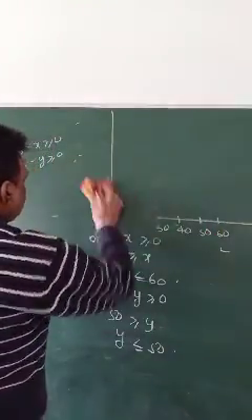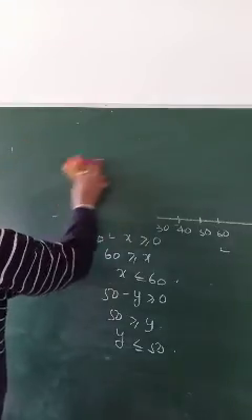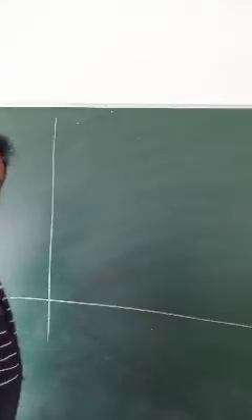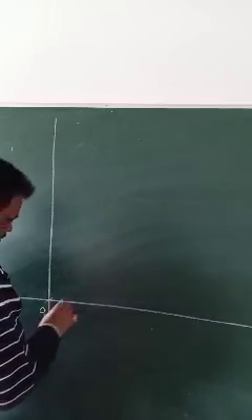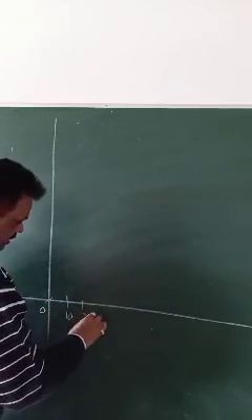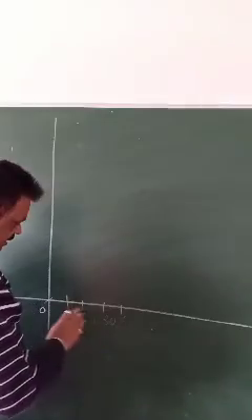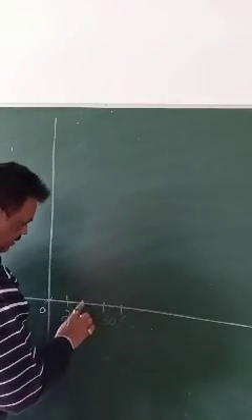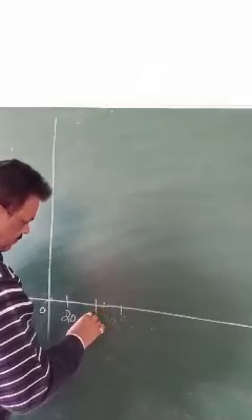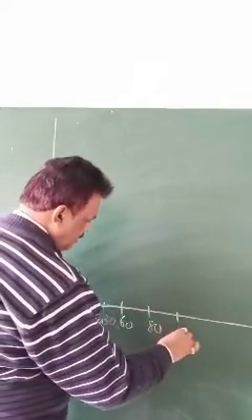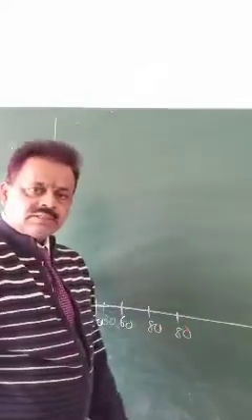A little from this side we have to take, I think. Take from here. This is origin. 10, 20, 30, 40, or 20 units you can take: 20, 40, 60, 80, 100. Choice is ours. Doesn't matter.